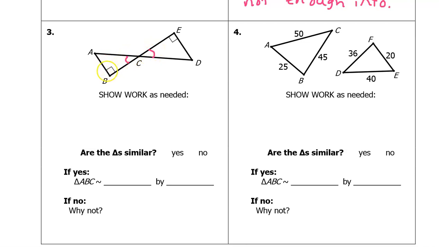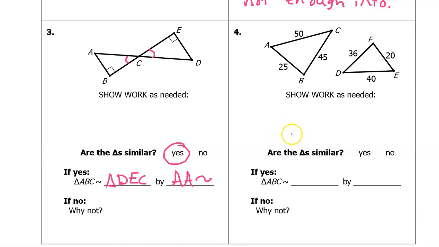Well, that gives us two pairs of congruent angles. So that means we have angle-angle similarity. And we can go ahead and say that triangle ABC is similar to triangle DEC. So that was a yes.